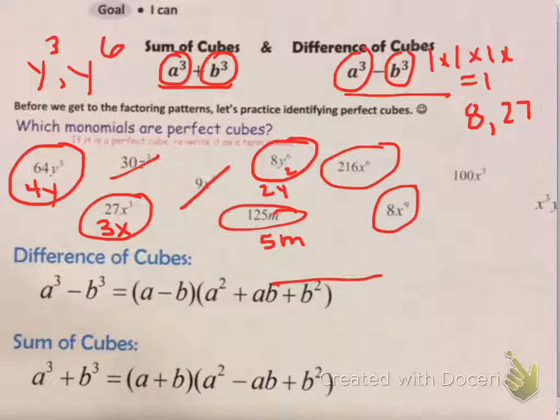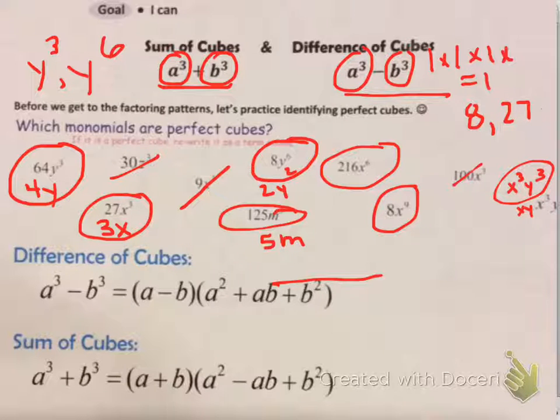Then there are a couple more problems over there that we are having a hard time seeing. 100 is not a perfect cube, but this one over here says x cubed y cubed. It also is a perfect cube because it would cube root to x times y.